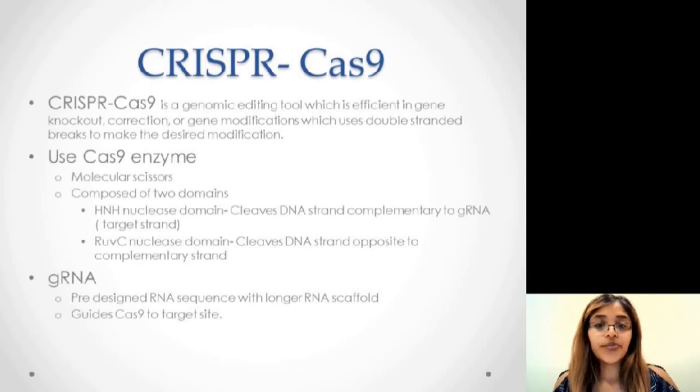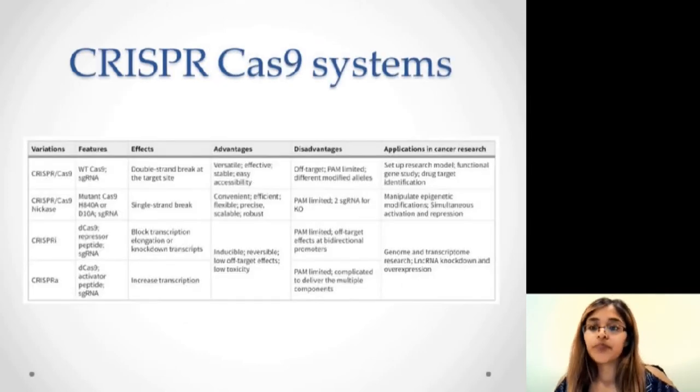Another part of the CRISPR-Cas9 complex is the guide RNA, which guides the Cas9 to the target site. The HNH nuclease domain cleaves the DNA strand complementary to the gRNA. So this is our target strand. And then the RuvC nuclease domain cleaves the strand that's opposite to the complementary strand.